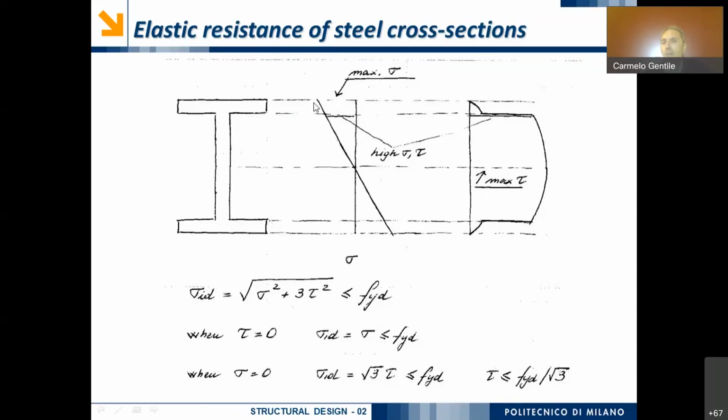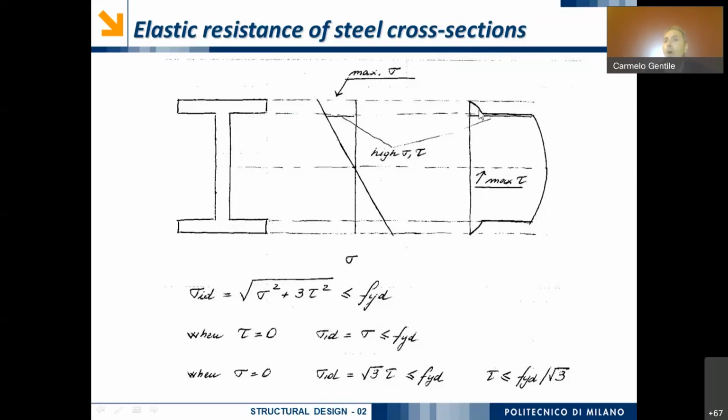The bending moment will induce a linear distribution of the stresses, and so, for example, we will have the maximum stress at the top and bottom fiber of the cross-section. Conversely, we have seen that the shear stresses associated to shear are basically according to a distribution like this.